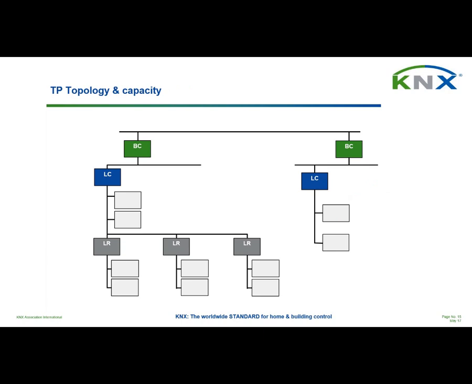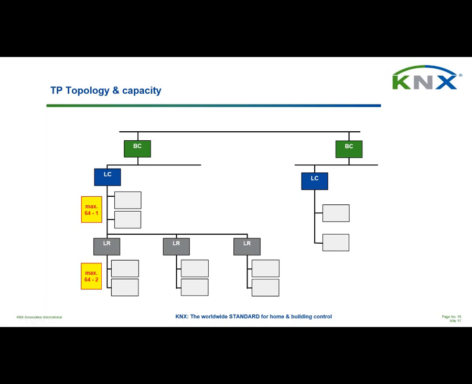Then another aspect, for twisted pair topology, is capacity. What we see in a line segment is that there is theoretically a maximum of 64 devices minus 1, because 1 is taken by the line coupler. So therefore 64 minus 1.